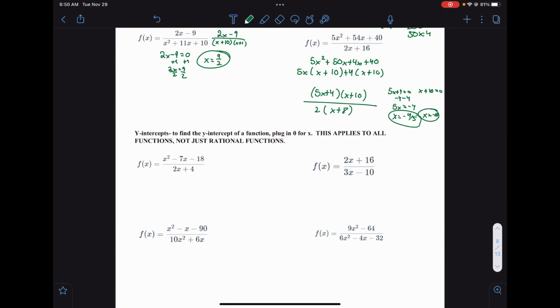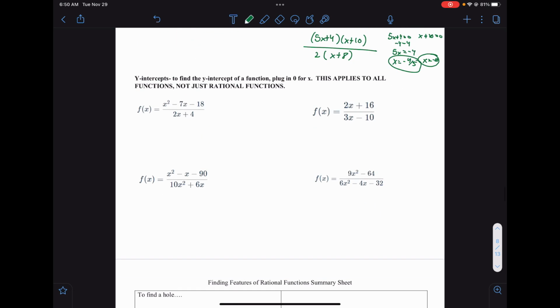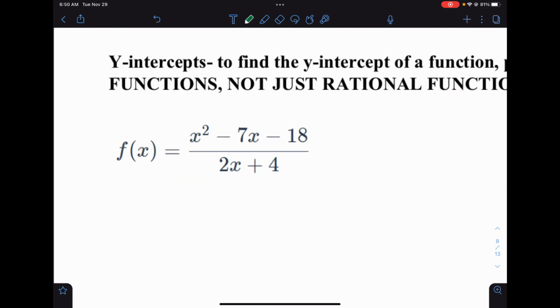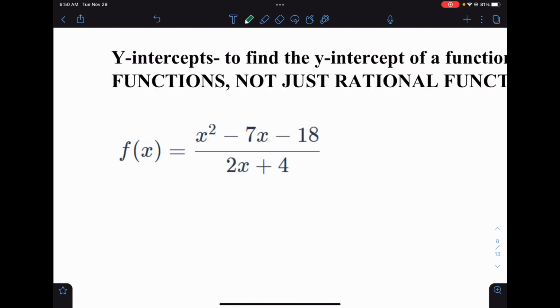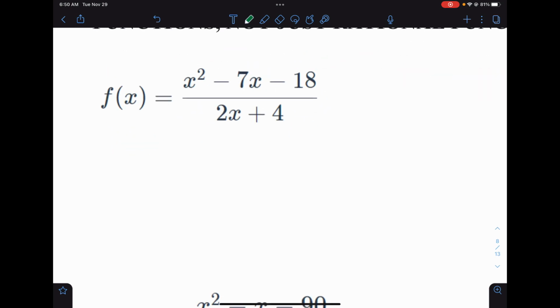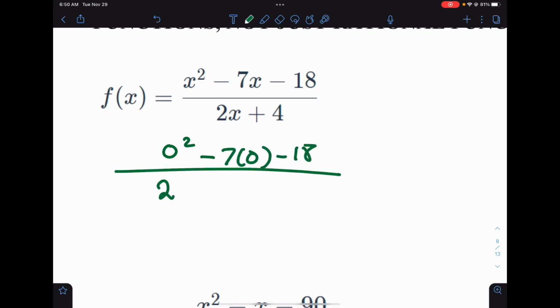All right. So last one here, this one's quite easy. And we've done this before. To find a y-intercept, okay, you just plug in 0 for x. That's literally all you do. So we're going to plug in 0 for x here. We get 0 minus 7 times 0 minus 18 all over 2 times 0 plus 4.